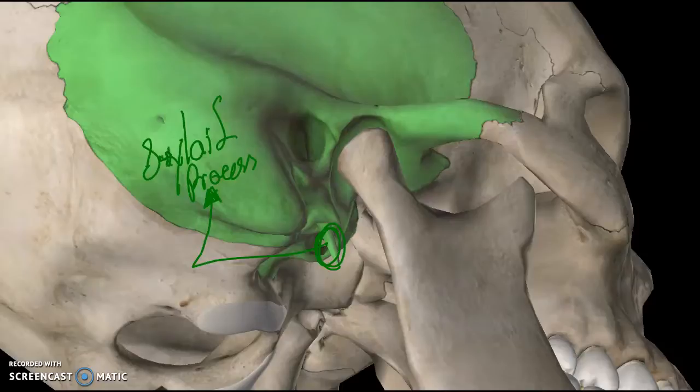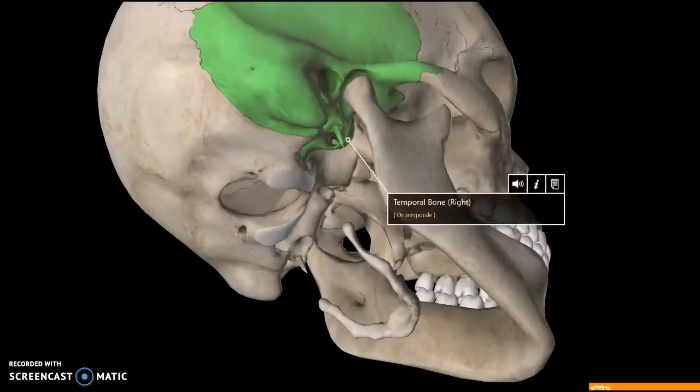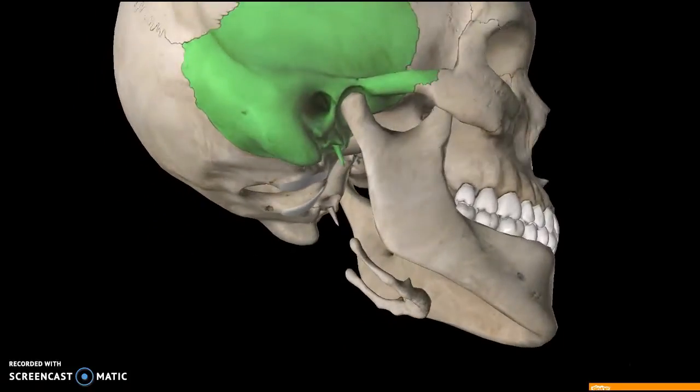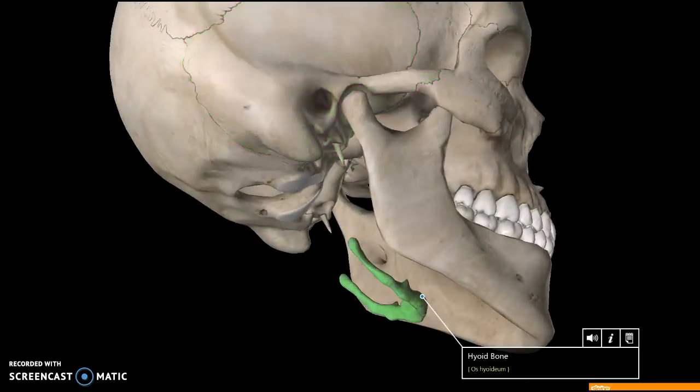You got to say the styloid process of the temporal bone. And also the point of this structure is to connect it to the hyoid bone, which is this bone here. There's a ligament that attaches these two bony structures.